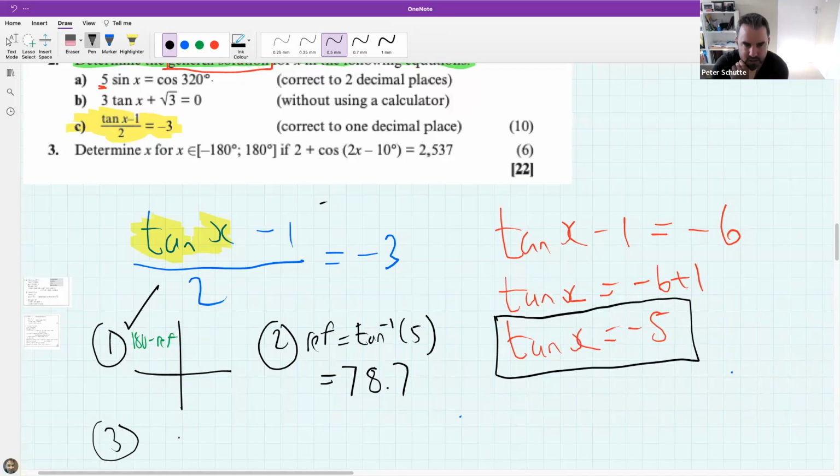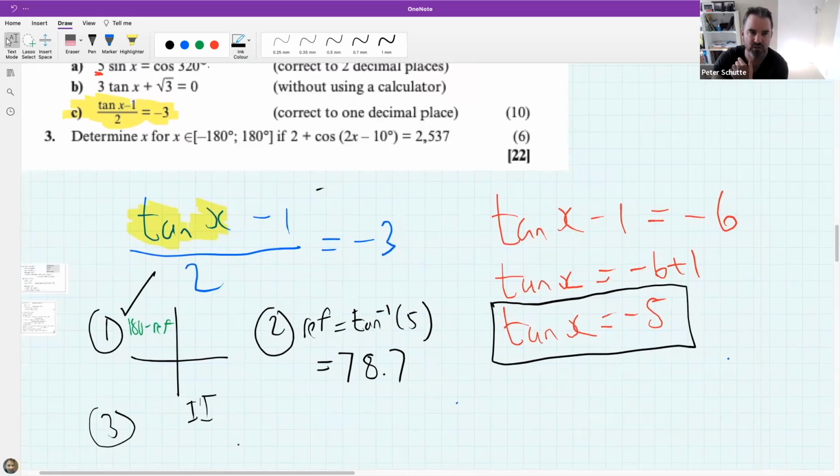Okay, third step. I only need the answer for quadrant number 2. What is my final answer going to be?